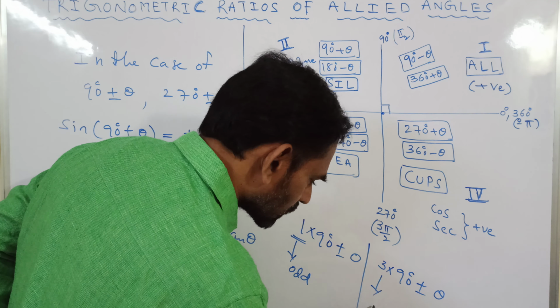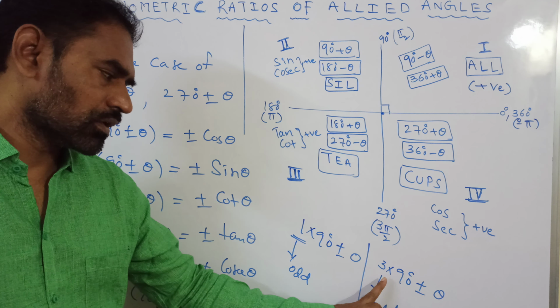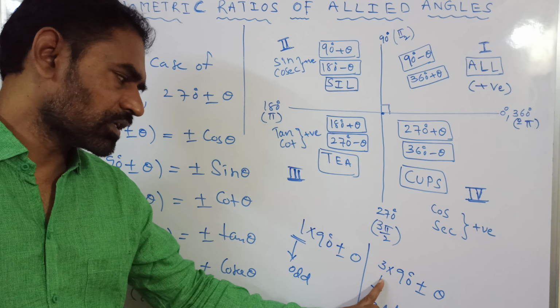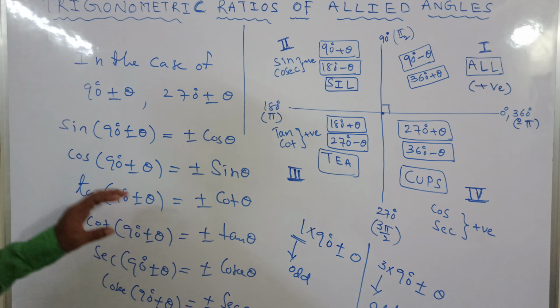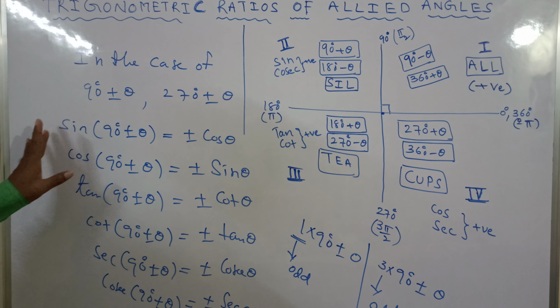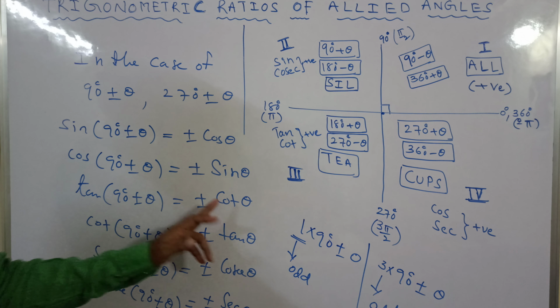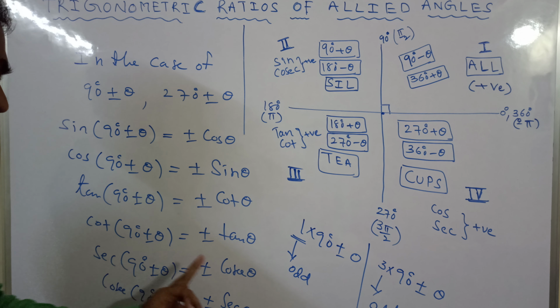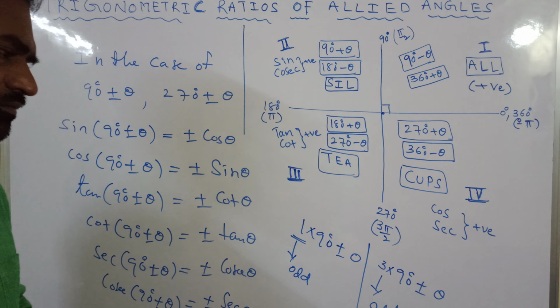You can remember it like this also. When the integral multiple is odd, so an odd integral multiple of 90, it means the trigonometric ratios change: sine cos, cos sine, tan cot, cot tan, secant cosecant, cosecant secant.